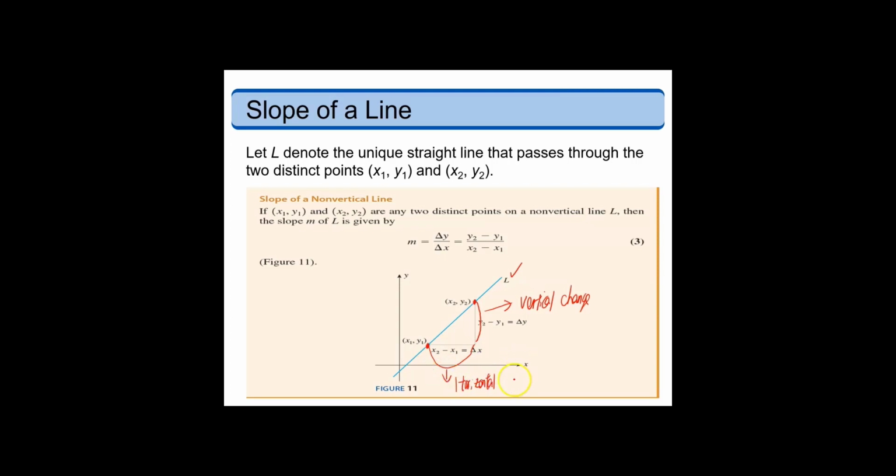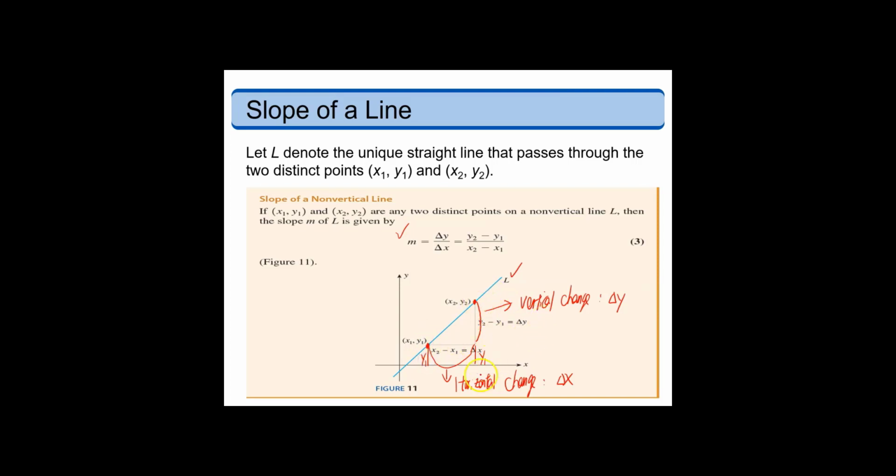In mathematical symbols, we use delta y for the vertical change and delta x for the horizontal change. So slope equals delta y over delta x. Delta y is the change in y values: y2, the bigger value, minus y1.